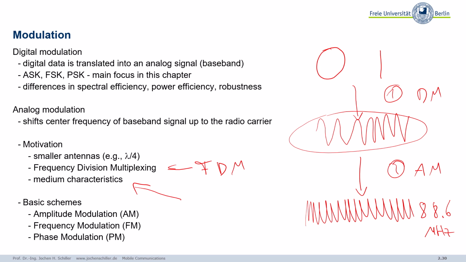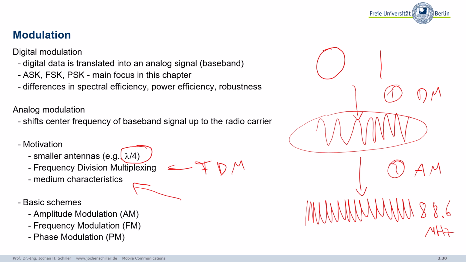And then we learned something about antennas. Antennas, for example, are lambda fourth or half the wavelength, depending on the type of the antenna. Baseband is around, let's say, 10 kilohertz, for example. Well, 10 kilohertz wavelengths are huge.